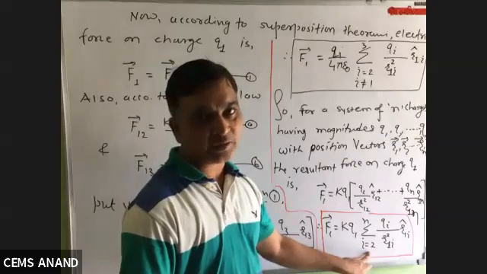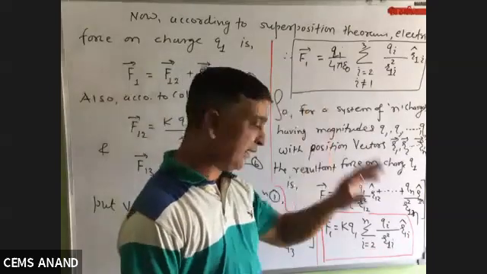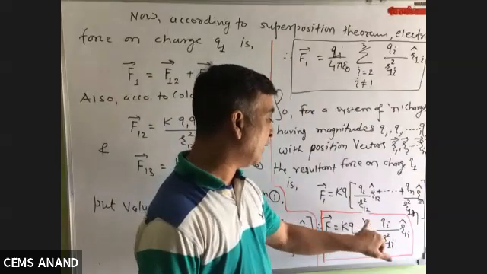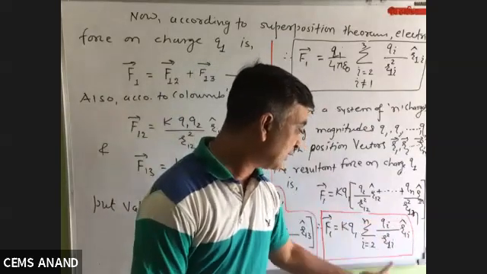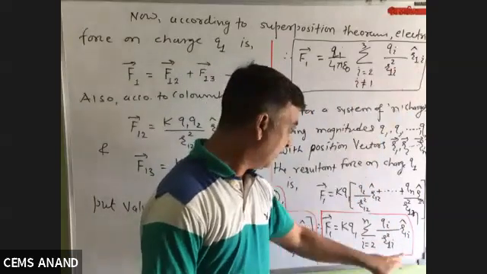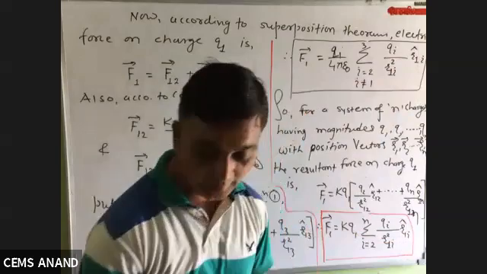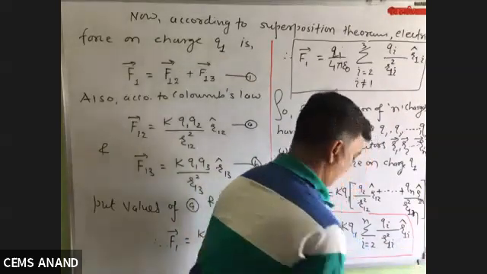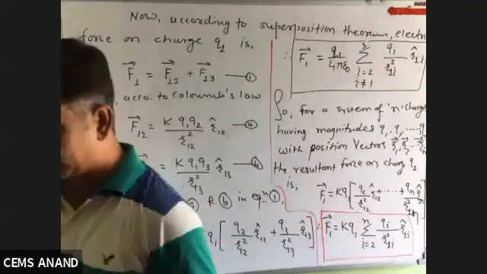We can generate forces on Q1 from 2 to n. So we have to write i equals 2 to n. And then it is like this, Qi representing 2, 3 up to n, R1i, R1i cap. Write it down and complete your theorem.